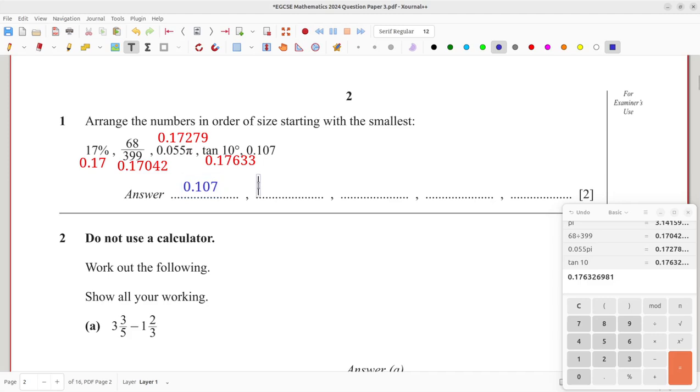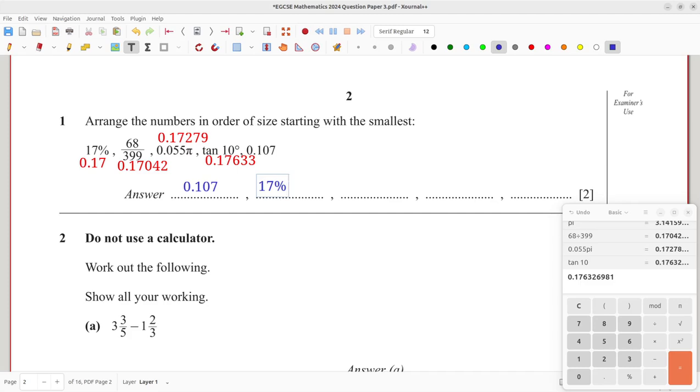There is nothing after that, so that should be the next number. And mind you, you are not allowed to just write 0.17, but rather you are supposed to write your 17% like that.